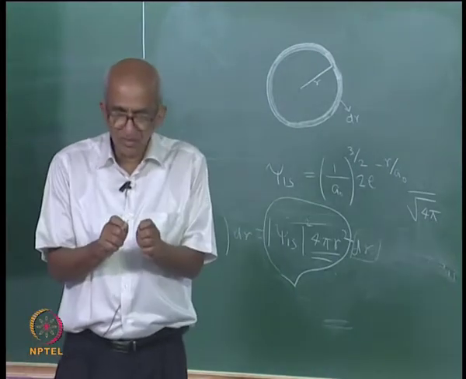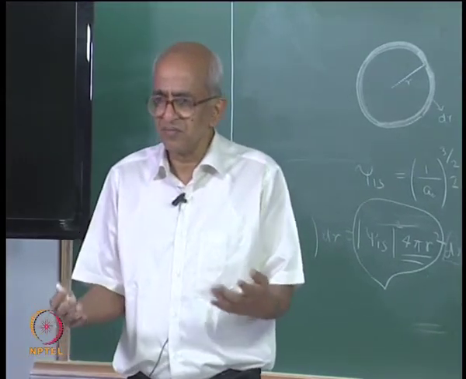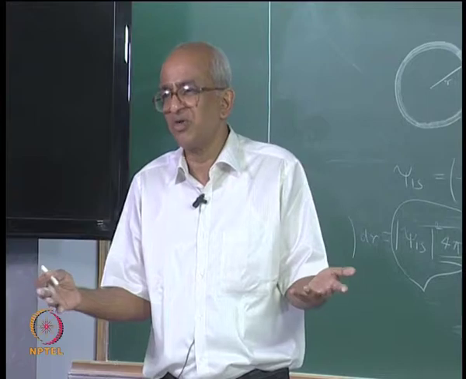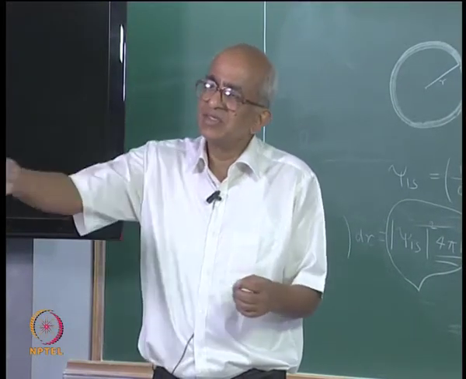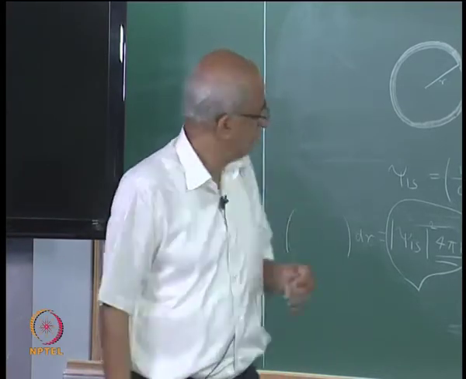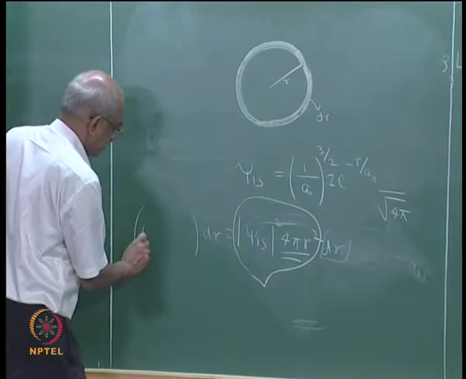It actually tells you what the probability is that the distance of the electron from the nucleus is equal to r. It gives you an idea of how probable each distance is, right.